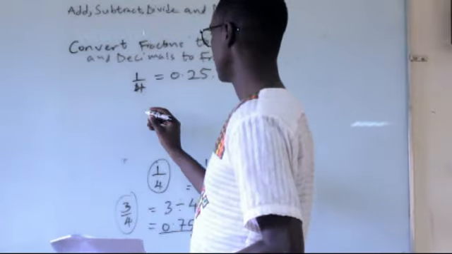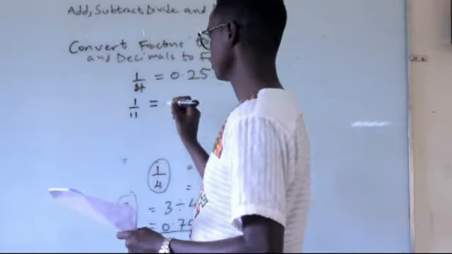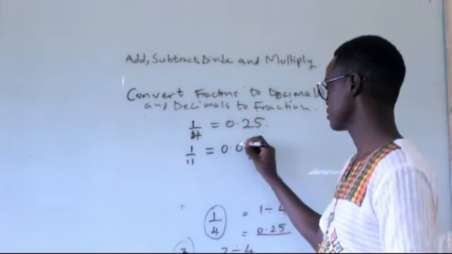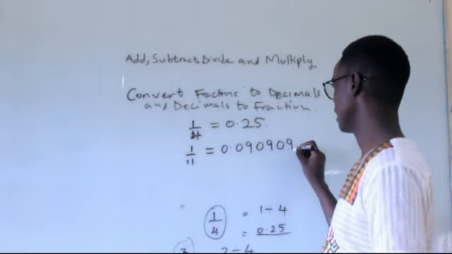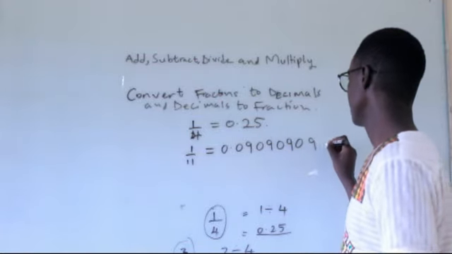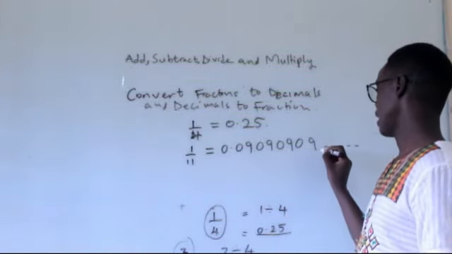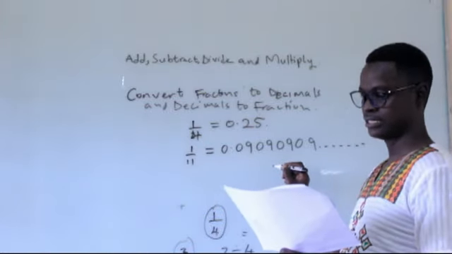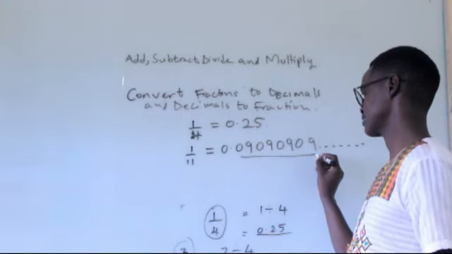For example, 1/11. This gives us a value 0.09090909. It's endless. So I want you to notice some of these fractions and you may give a comment.